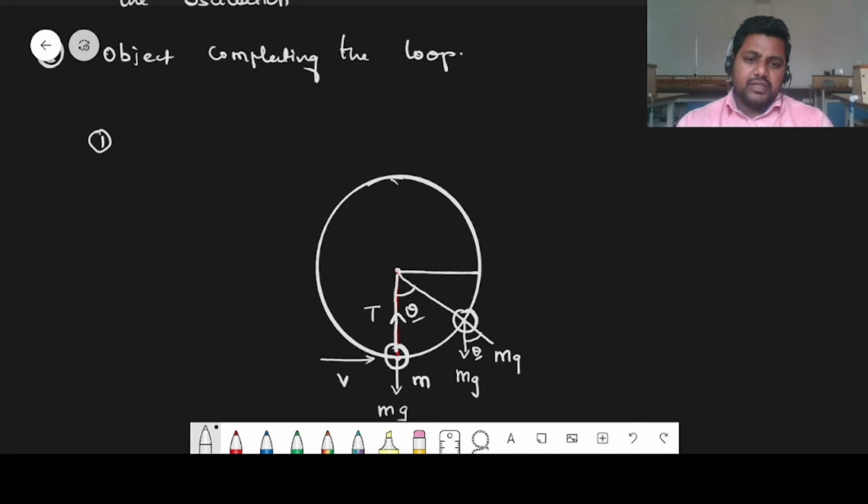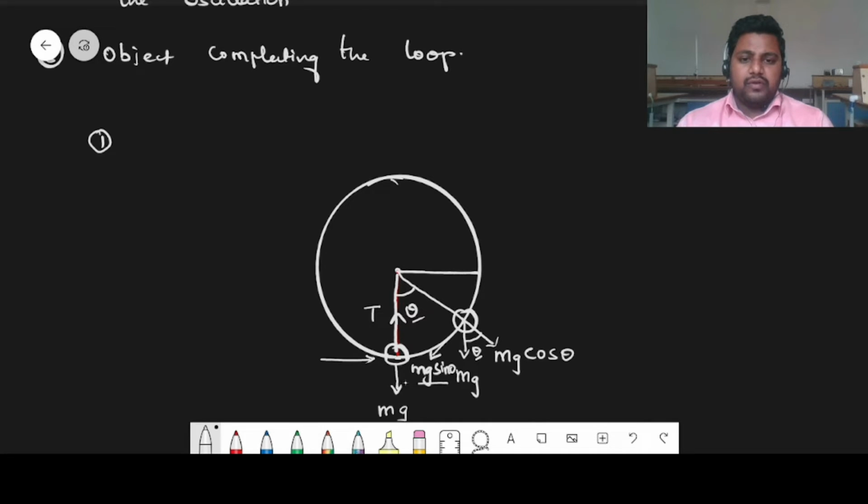We can write this component of force as mg cos theta, and another force in this direction, which is mg sin theta.